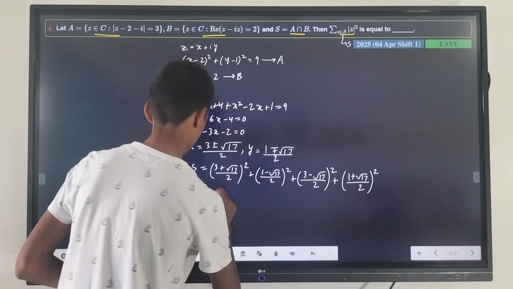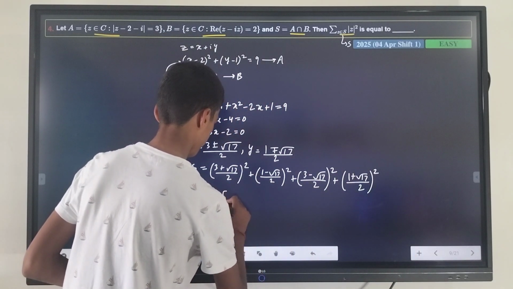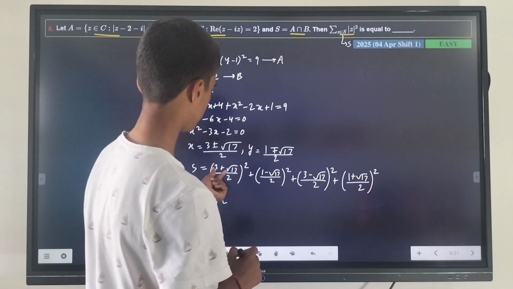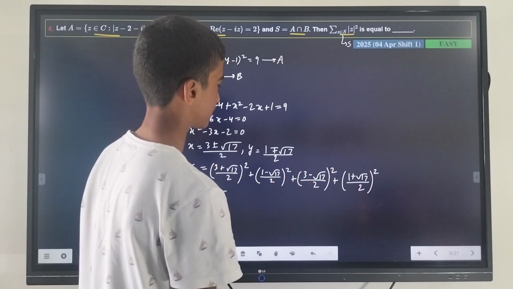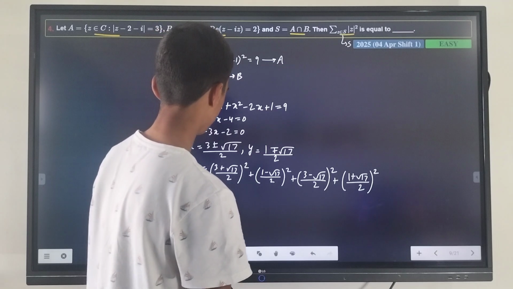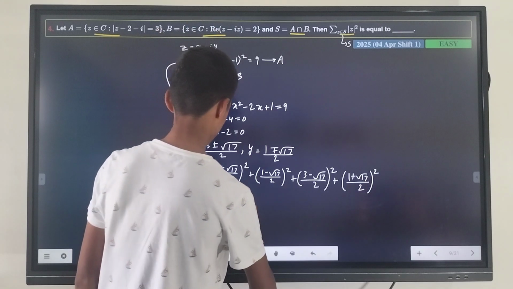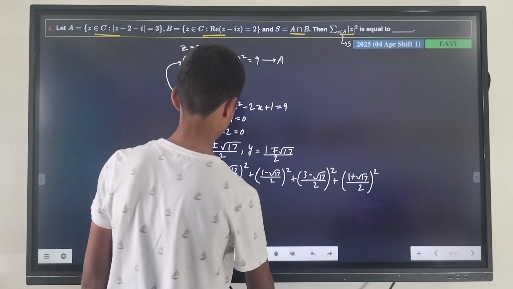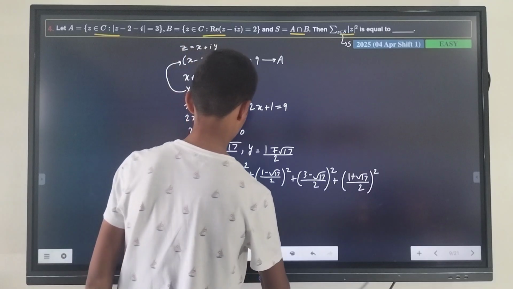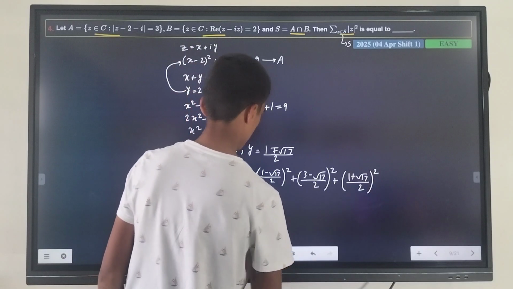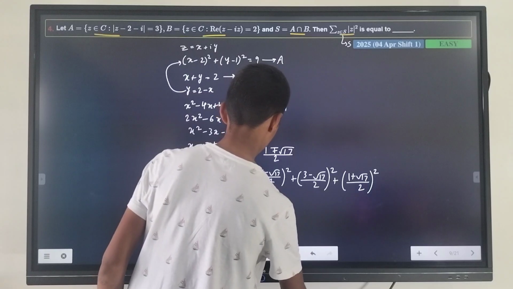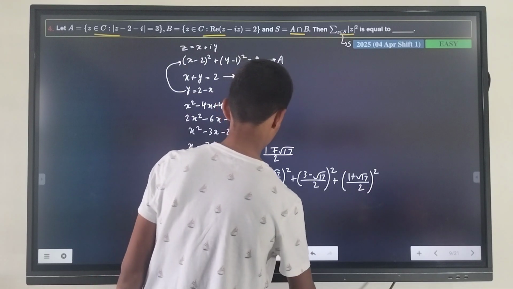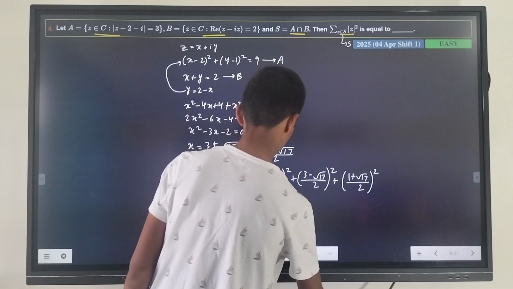We will take 1 upon 4 common, and from here 6 root 17 minus 6 root 17 will get cancelled. We will get 9 plus 9, 18, 17 plus 17, 34, and same for these two terms. So plus 1 plus 1, 2, and again 17 plus 17, 34.